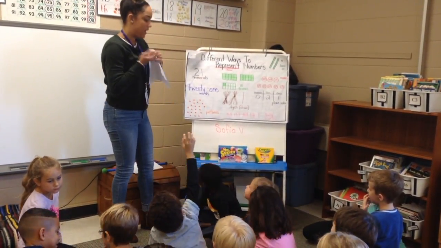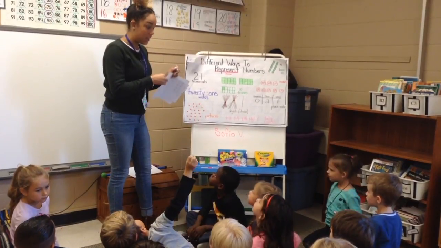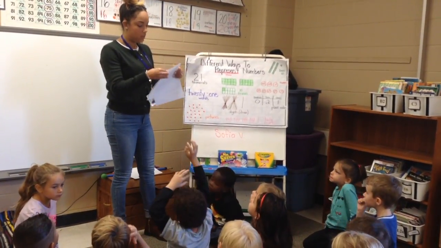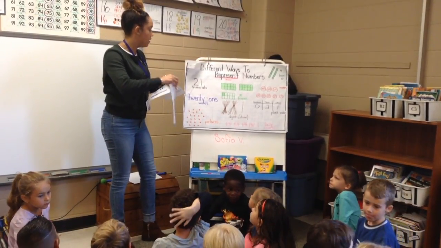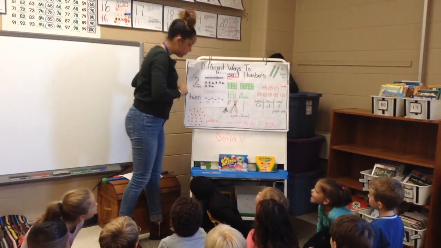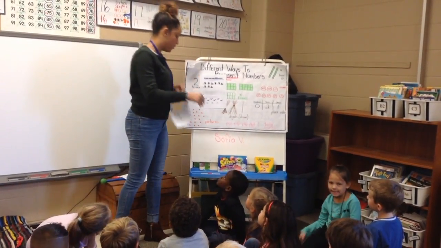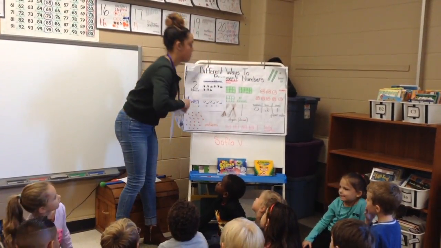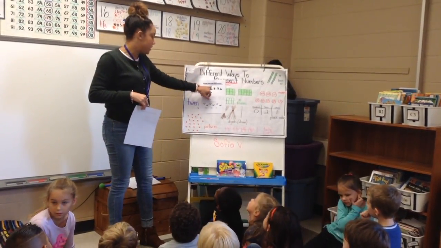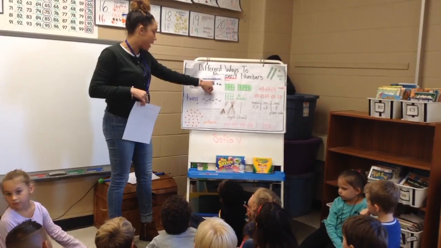Each table is going to get a folder, and in the folder are some worksheets. So we'll start with the blue table. Blue table, you're going to be working on an AAB pattern first, and then we'll move on to an ABB pattern.